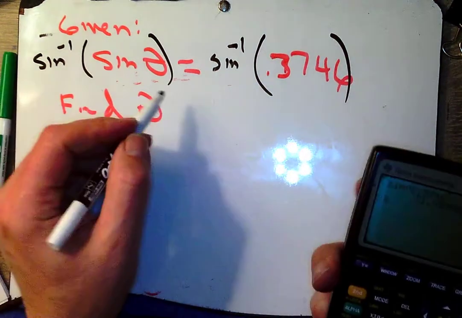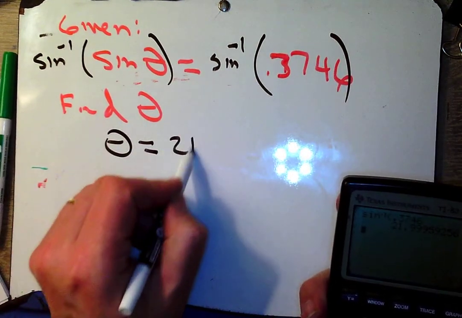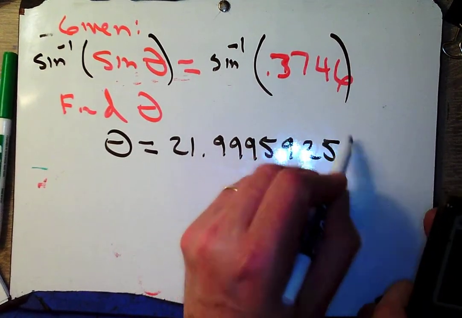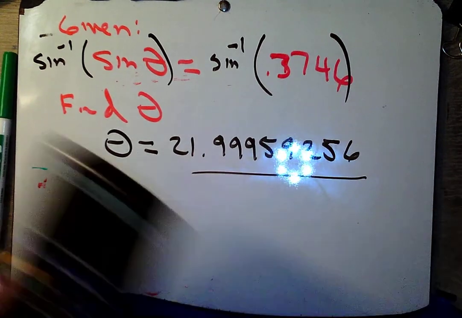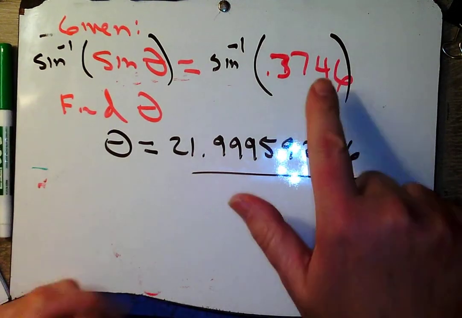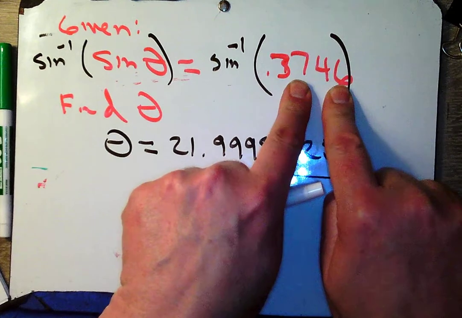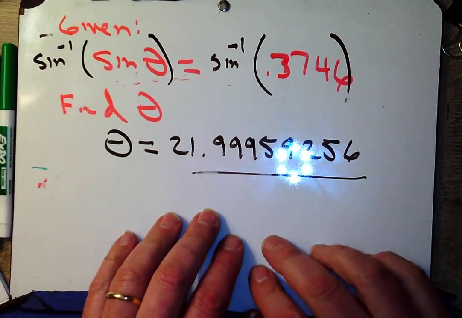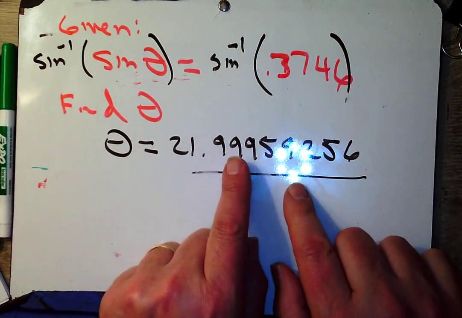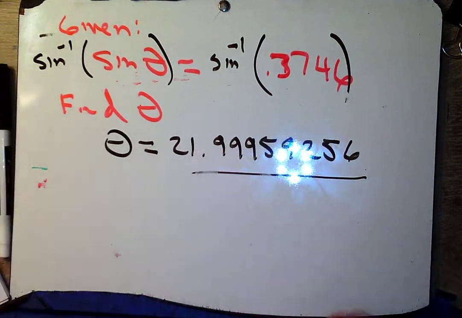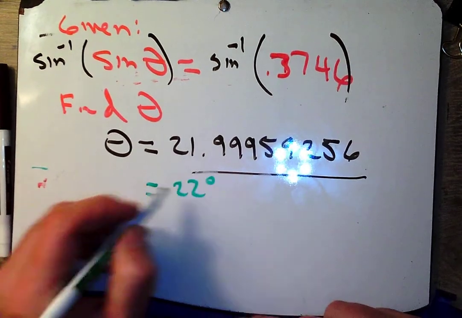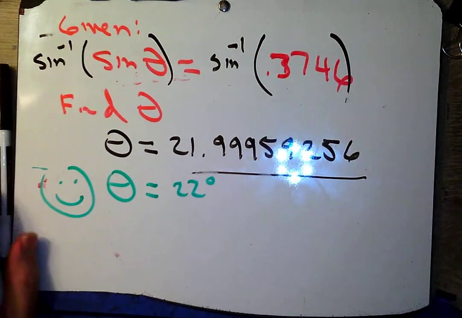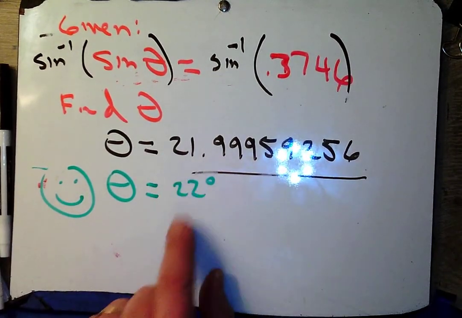And so theta equals 21.99959. Well, if I had had more decimal places here, I'm thinking this was supposed to get us to 22 degrees. And in fact, if we round to 3 decimal places, it is 22 degrees. Okay, but don't randomly round things. Just always to 3 places.